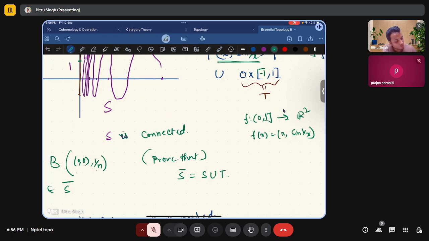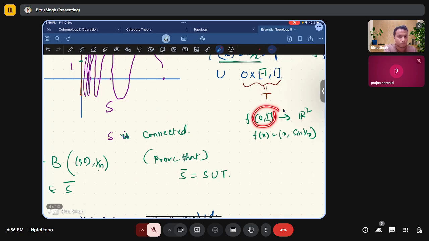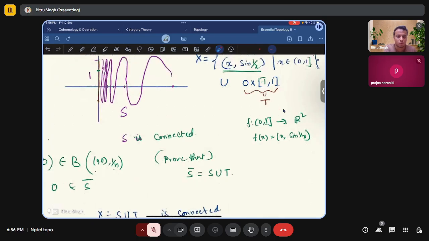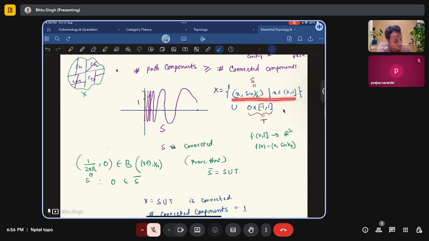But open 0 comma closed 1 is actually path connected, right? Therefore the image set, this sine curve, will be path connected. So both are path connected. So that is the partition of the set X.